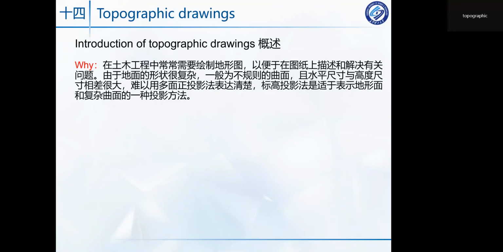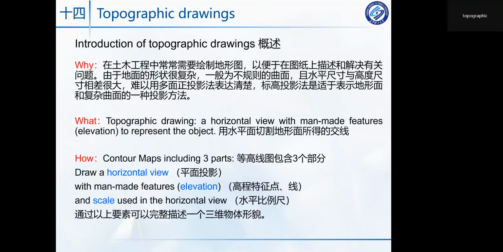So I have answered the first question, why, and the second, so what? What are topographic drawings? Topographic drawings are a horizontal view with man-made features and elevation to represent the object.